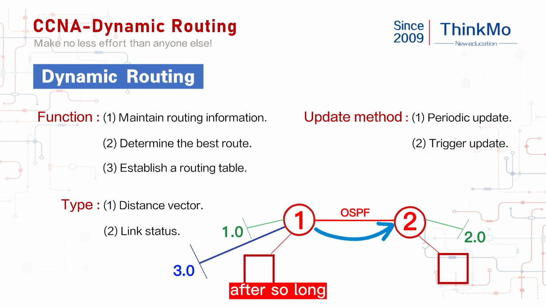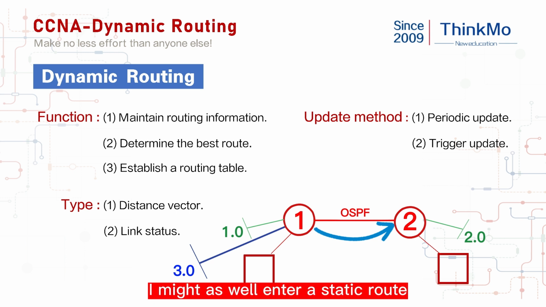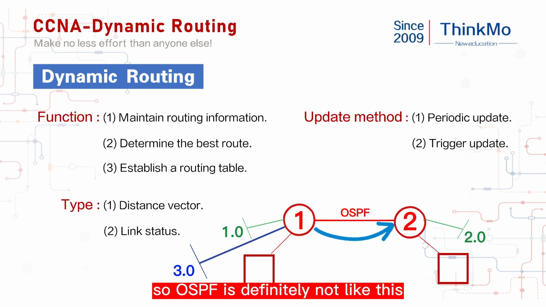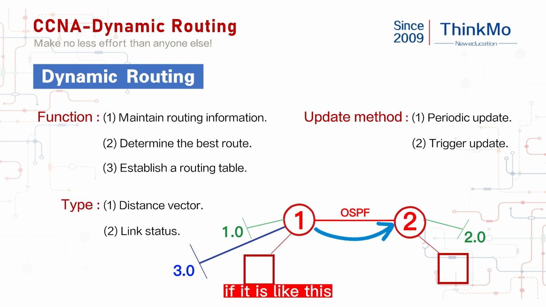After so long, I might as well enter a static route. So you will find 30 minutes is unbearable. Certainly, I just give an example, but you should know 30 minutes is too long. So OSPF is definitely not like this. If it were, this protocol wouldn't work at all.